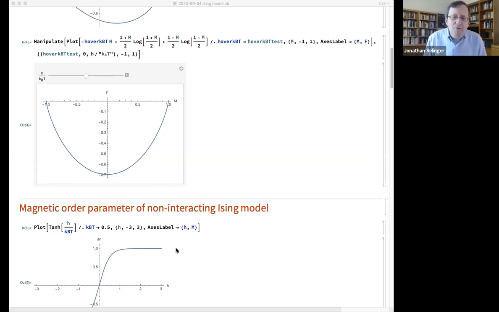Picking up from the last class, you remember we were talking about the Ising model without interactions.